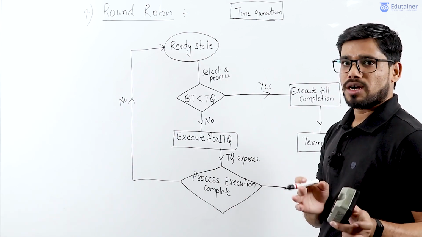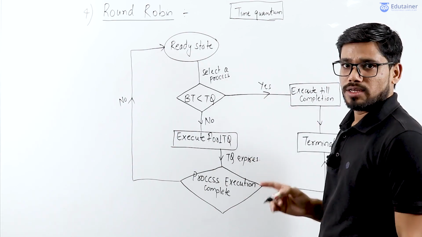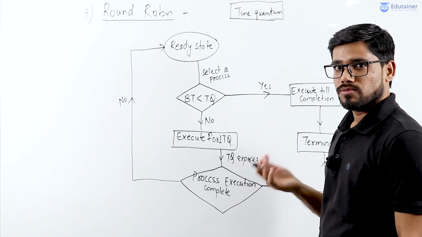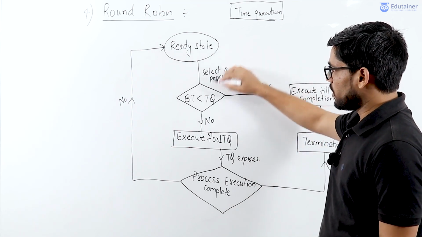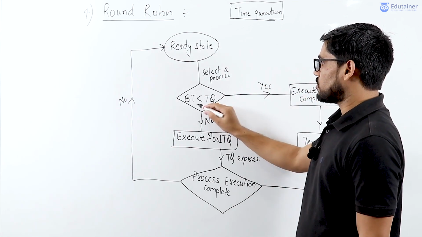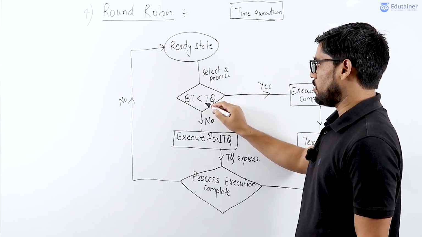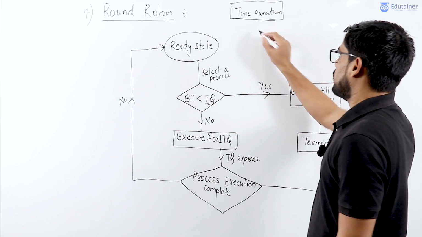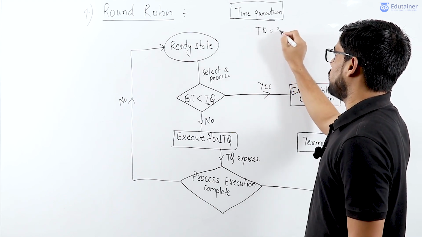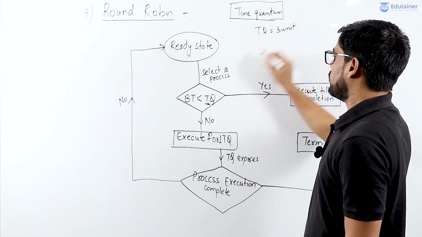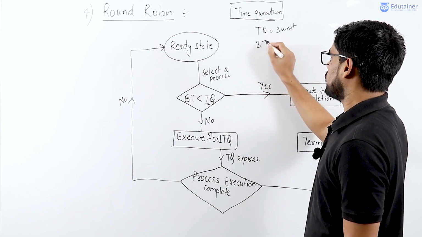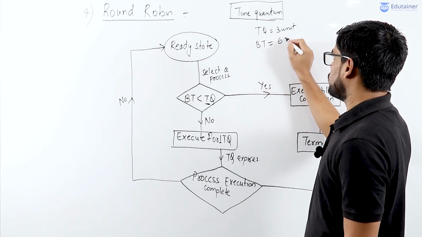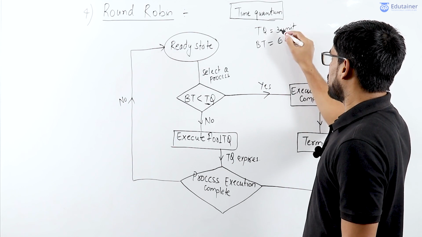From the starting point, we pick the process which comes early, and then after picking the process, we compare its burst time with the given time quantum. Let's say the time quantum given is 3 units, and the process burst time requires 6 units. We will compare these two factors.